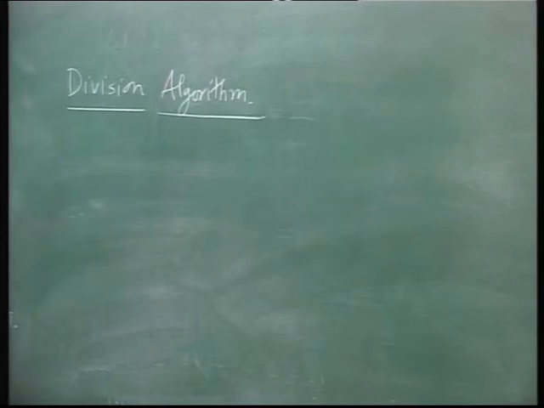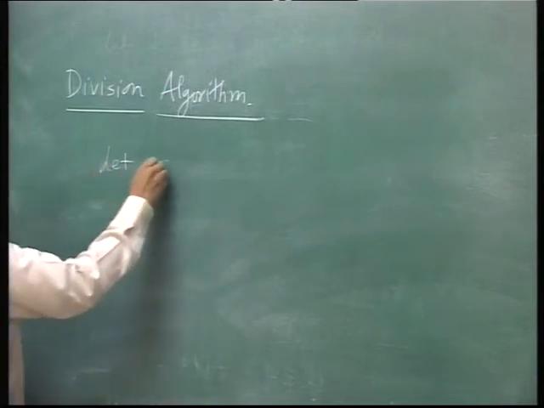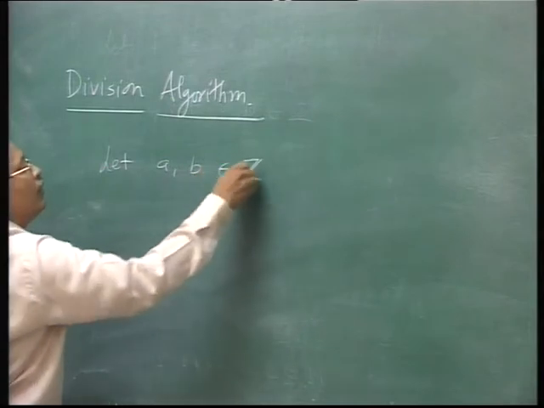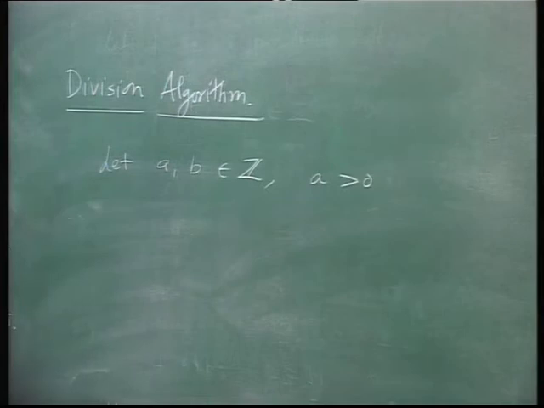Division algorithm: here we take a, b in Z, where a is an integer, a bigger than 0.